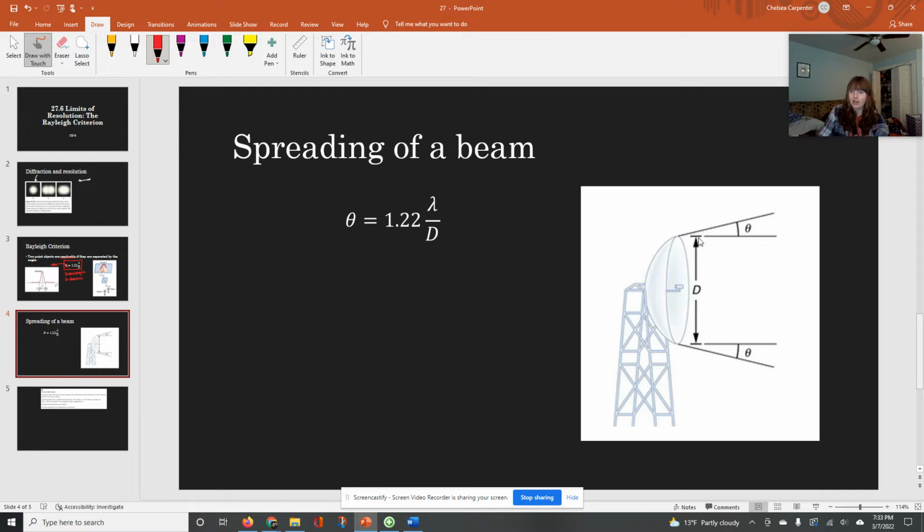So one way that you can minimize the spreading that will happen is to increase the diameter of this transmission tower, I suppose. And by increasing that diameter, which is why you see really, really big dishes on these sort of towers, you minimize the spreading so you get more of a uniform beam, and you can transmit whatever sort of information you're trying to transmit.